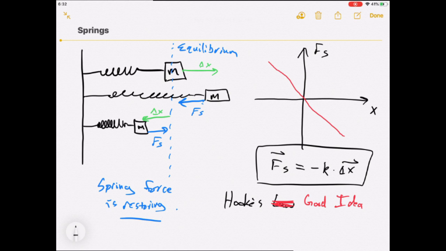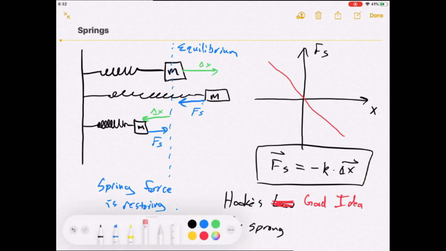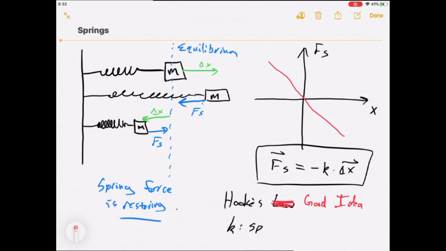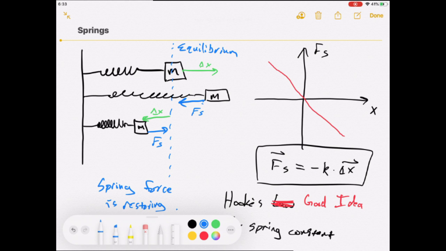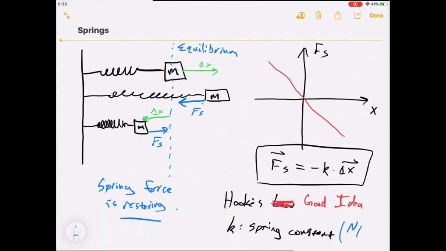Let's talk about this k. k is the spring constant. And I just wrote sprung constant. There. k is the spring constant, and it must have units of newtons per meter. All right, and that's a kind of a measure of how stiff the spring is, right?